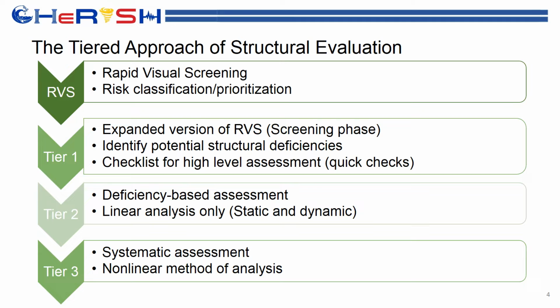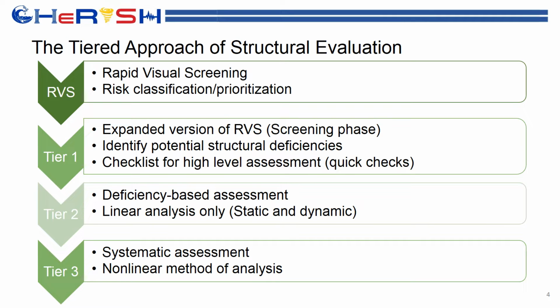Now, the rapid visual screening really is a tool that would help us classify the risks of existing buildings, which would then allow us to create a prioritization index, which would help us pinpoint the buildings which need urgent attention.